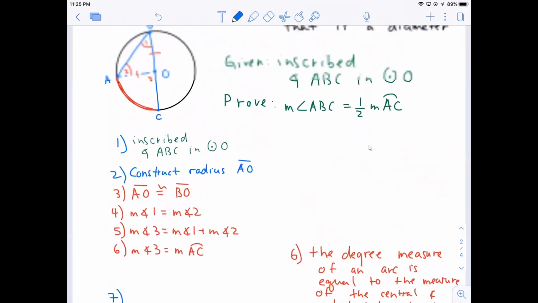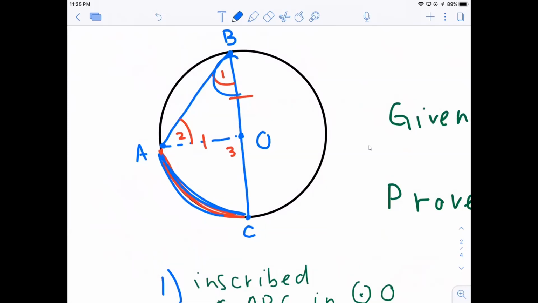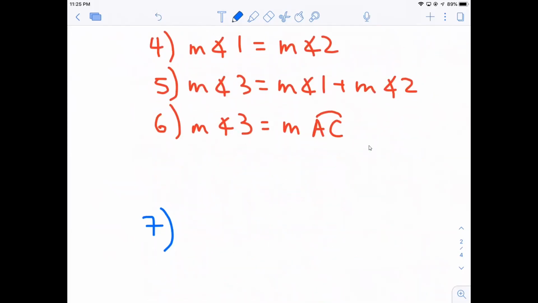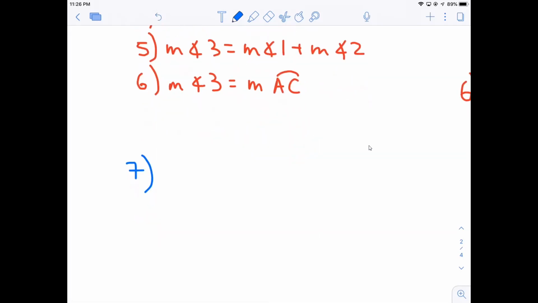All right, so we're still trying to show that this here is twice as big as that measure, or this angle is half the measure of arc AC. So let's relate the measure of arc AC to the measure of angle 1. So the measure of arc AC is equal to the measure of angle 3. So first of all, I'm going to do a substitution. The measure of arc AC is equal to the measure of angle 1 plus the measure of angle 2.